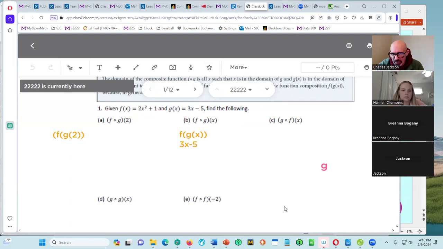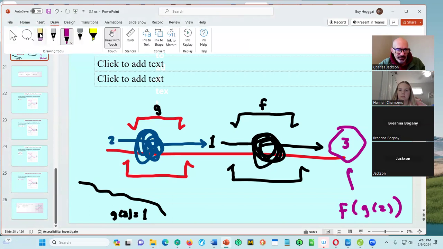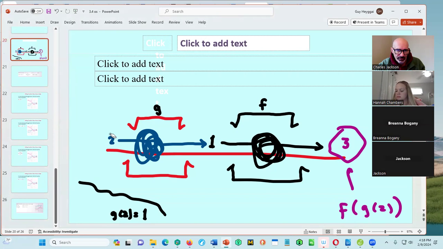So like here, you don't have a number for the input. Let's see. So in that case, all we can say is that it is x. So that's not going to be a number.